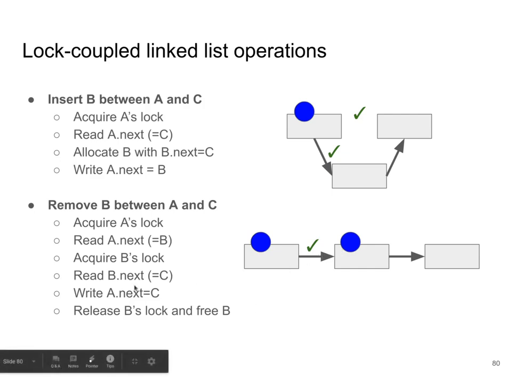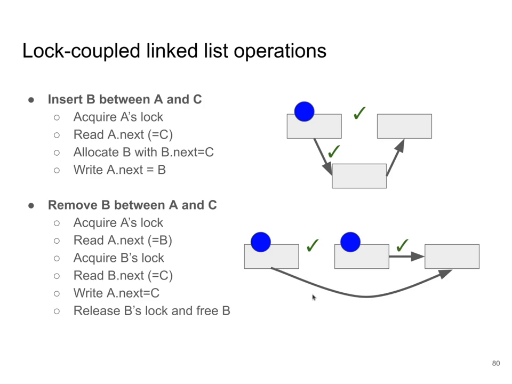So you're not going to release A's lock, because you need to protect this pointer using this lock. Instead of unlocking A's lock, you read the pointer again, and now you write A's next to C. That is safe, because you are holding the lock for A.